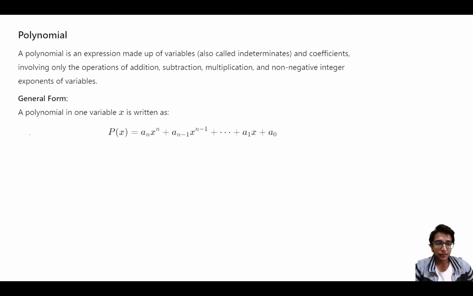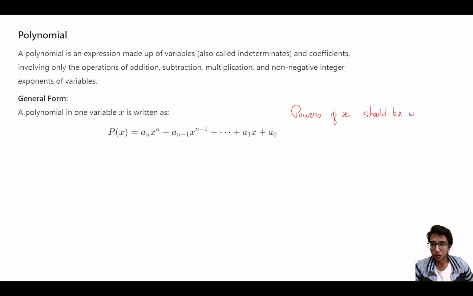So generally, whenever you see a polynomial function in this format, you must remember one thing, that n, or the power that we are writing here, the powers of x should always be a whole number.